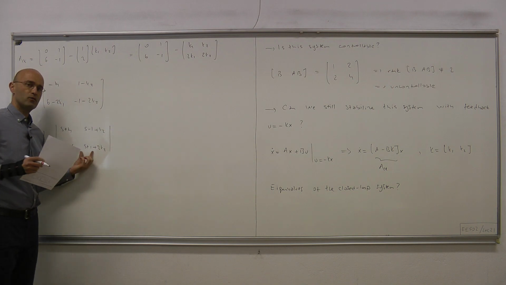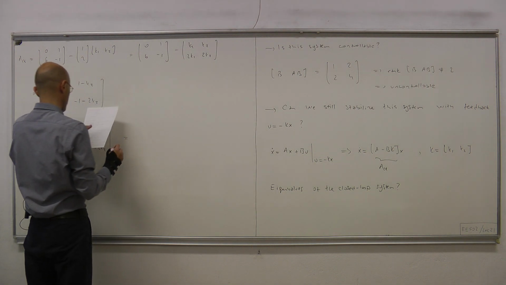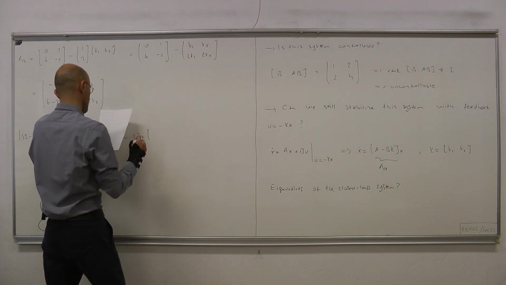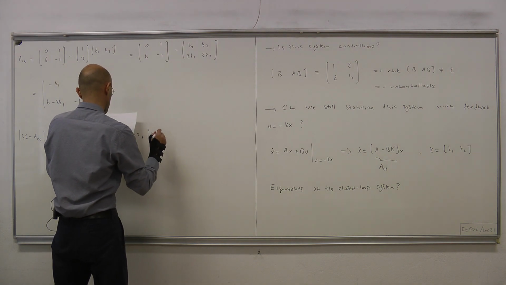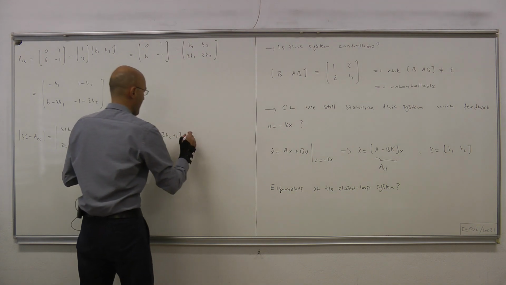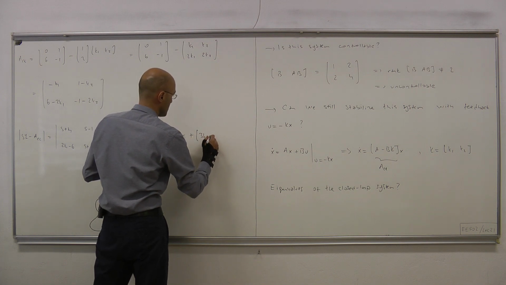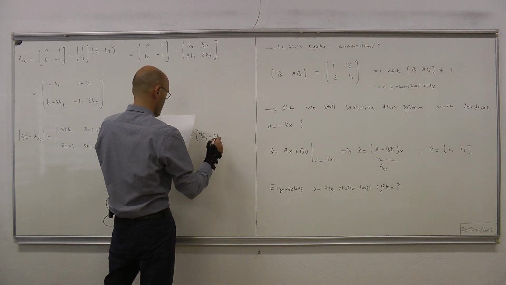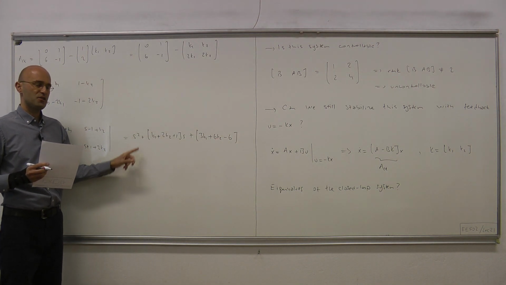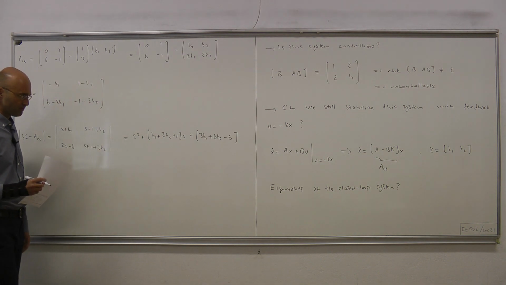Okay, and now we have to compute the determinant of this, which reads s squared plus (K1 plus 2K2 plus 1)s and 3K1 plus 6K2 minus 6. So this is the characteristic polynomial of the closed loop system matrix.